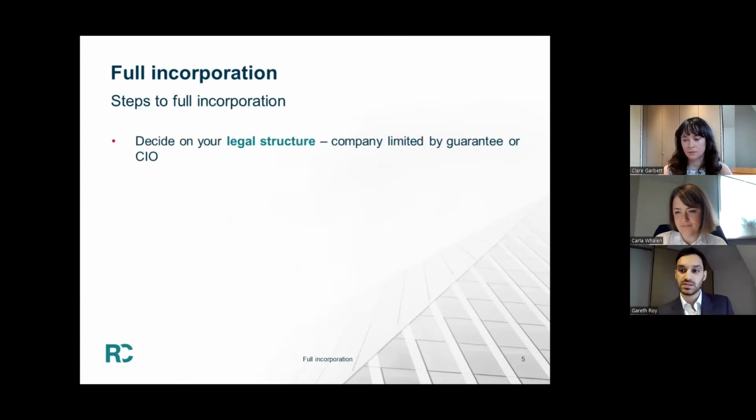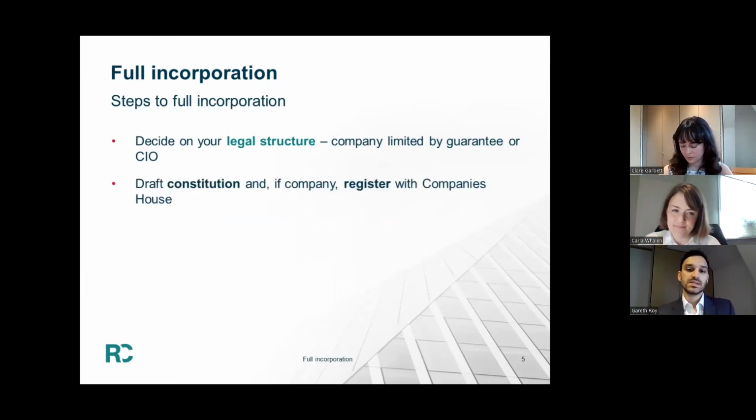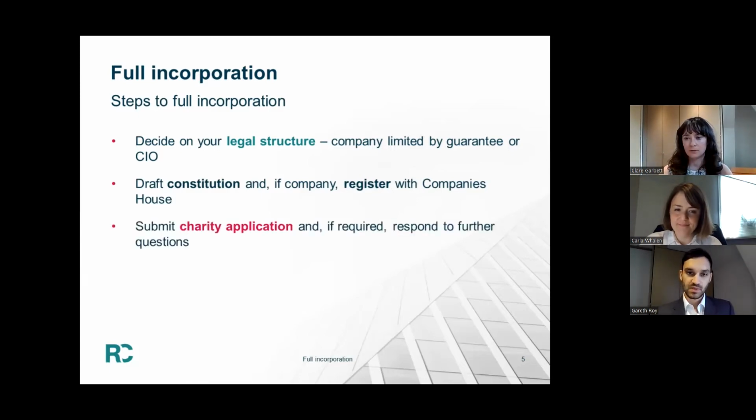Normally, in our experience, particularly smaller charities prefer a CIO, which is just regulated by the Charity Commission and not by Companies House. Then you need to have a constitution drafted for the new corporate charity, which obviously will need to be tailored to your governance requirements. Do you have a wider membership, for example? And if it's a company, it will need to be registered with Companies House.